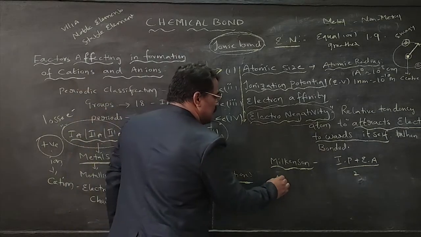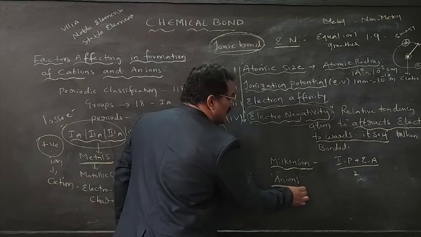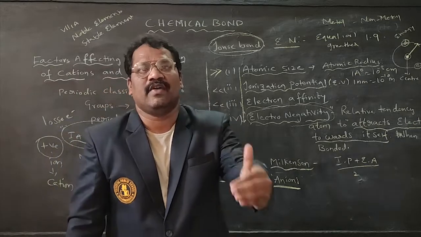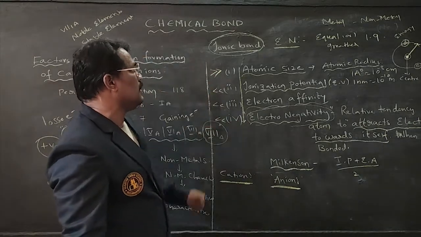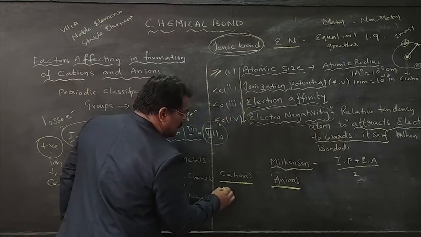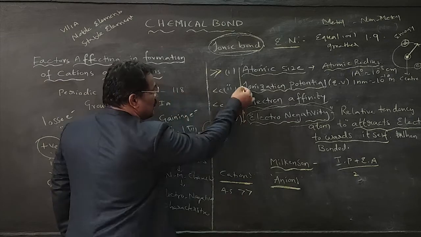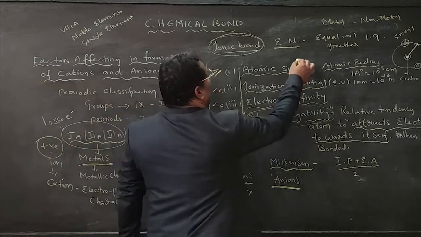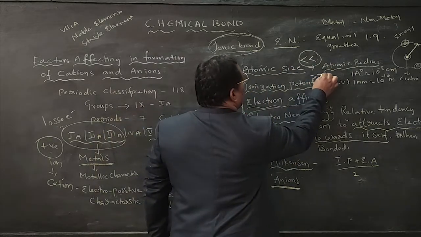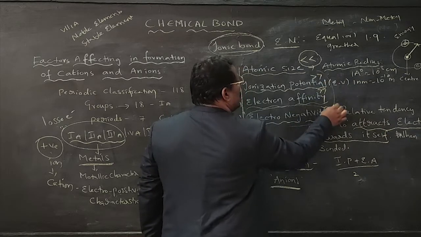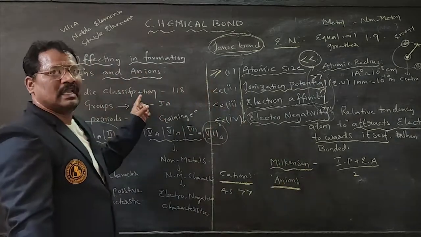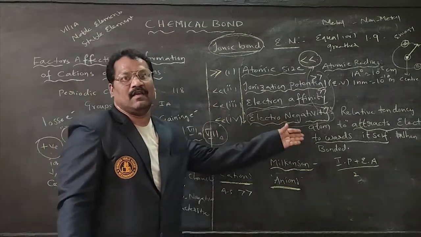To form anions, the same four factors are affected, but vice versa. In anions, atomic size gradually decreases, and the remaining three increase. This is how the factors are affected in the formation of cations as well as anions.